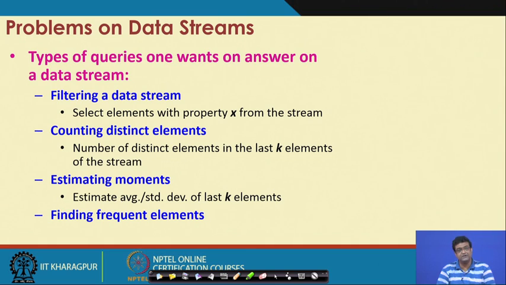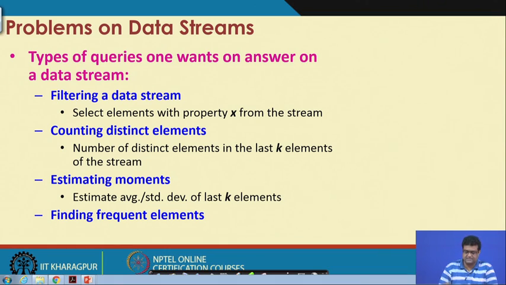So, you have to build data structures for answering all these questions in a streaming model, where, as in the last example, at any point in time you were only maintaining a small sample of size s. A similar computation has to be done in this particular case.